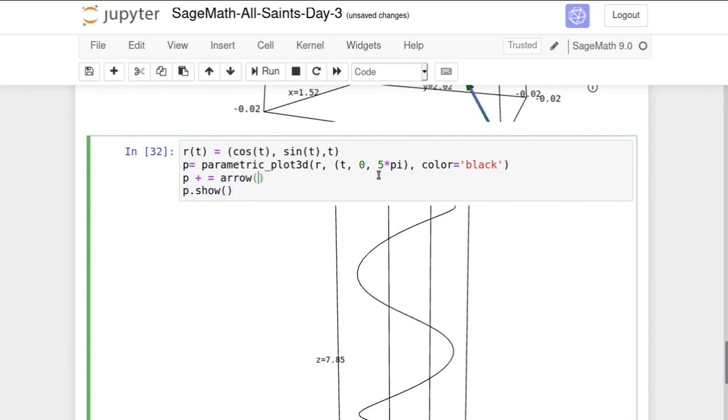The origin is already defined, so the arrow is from the origin. I'm going to plot a vector from the origin to a point on the parametric curve, to r of t, substituting t equal to pi.